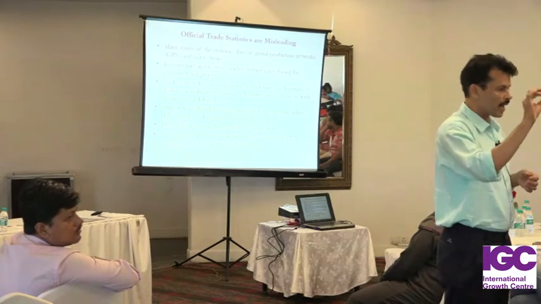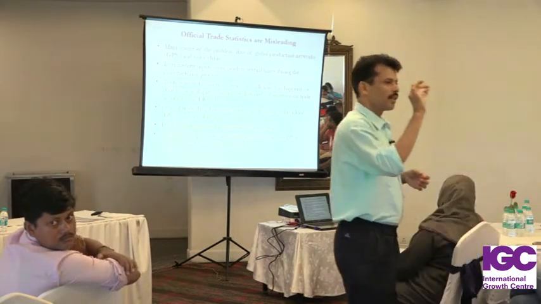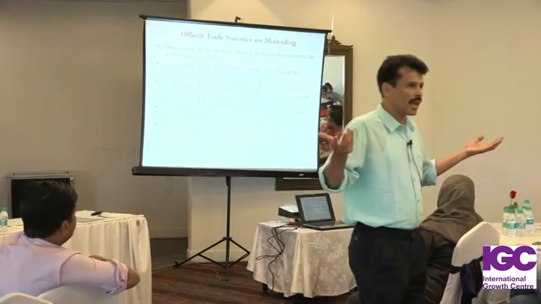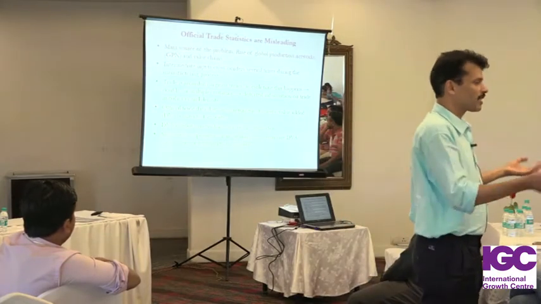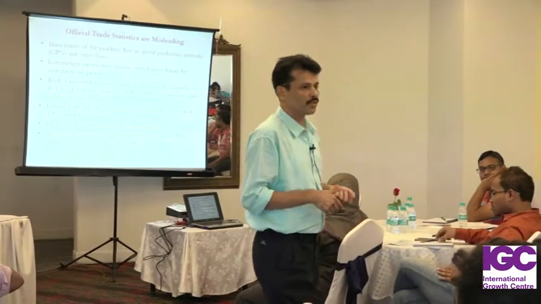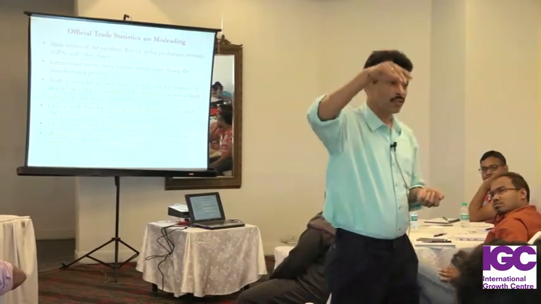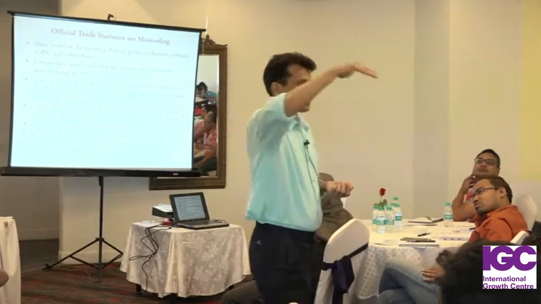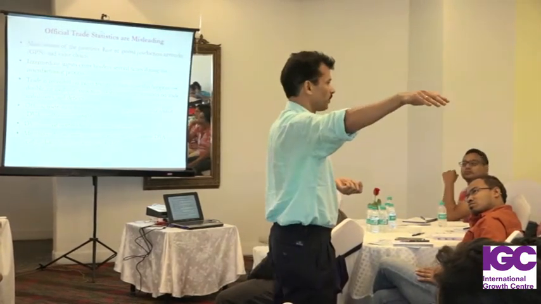Now, what is the data that he uses to say that? He uses standard trade data. How does the trade data come about? It is a result of the administrative activity that the customs officials do at the port, right.